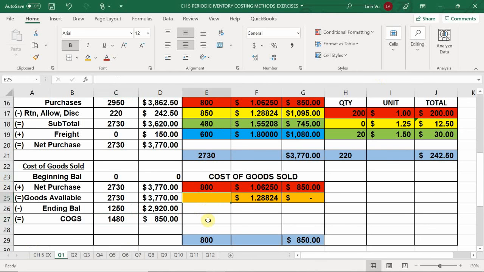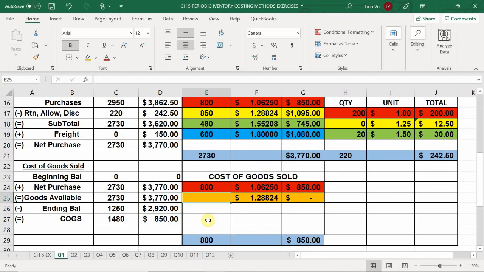850 plus part of 480. Why do I need that? First in, first out, but I already got rid of my red batch of inventory.